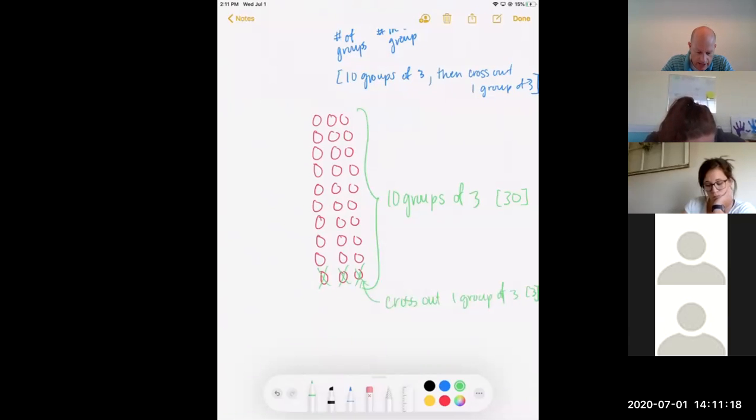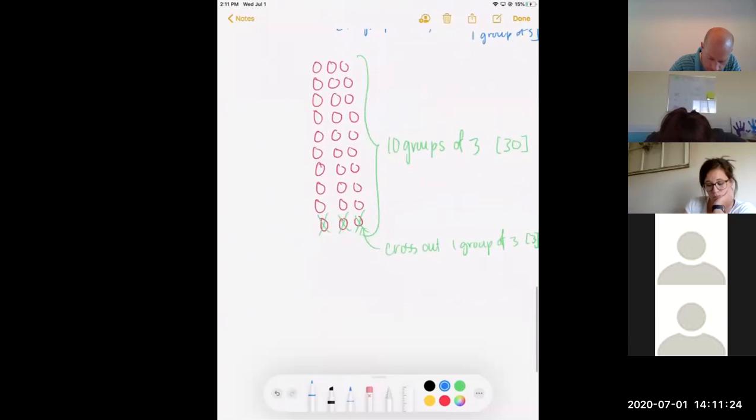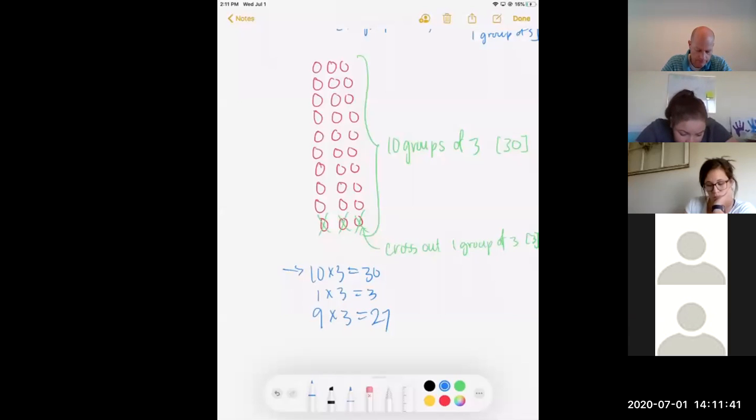Now what do I have left? I have 27 left, right? So therefore our 10 times 3 was 30, and then our 1 times 3 was 3. And our 9 times 3, therefore, is going to be 27.